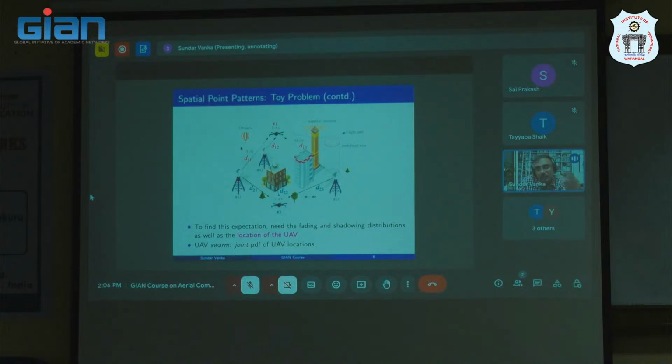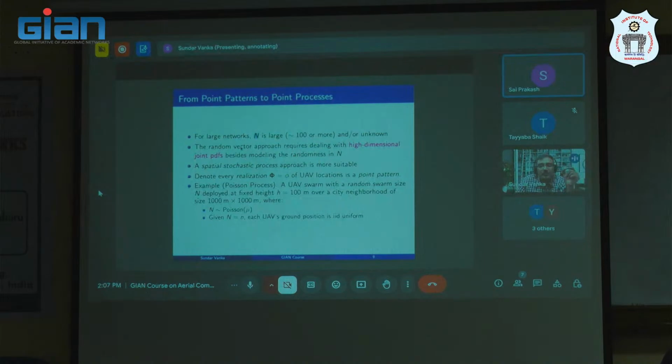That means each UAV requires 3 numbers, so you need a PDF which has how many dimensions now? 300 dimensions, correct? Because you need to account for all the UAVs. So this approach very quickly becomes unwieldy.